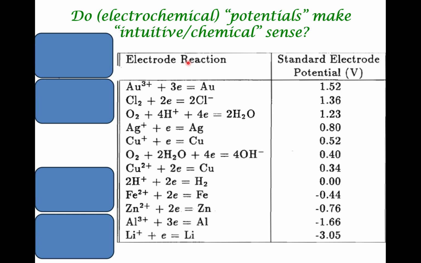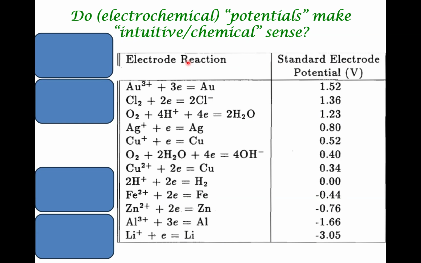Something is getting oxidized, something is getting reduced, and we want to get a sense for what is getting reduced and what is getting oxidized. So this is the simplest reason for getting into electrochemical systems.